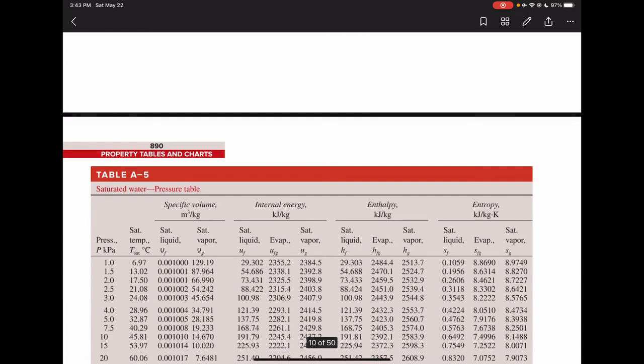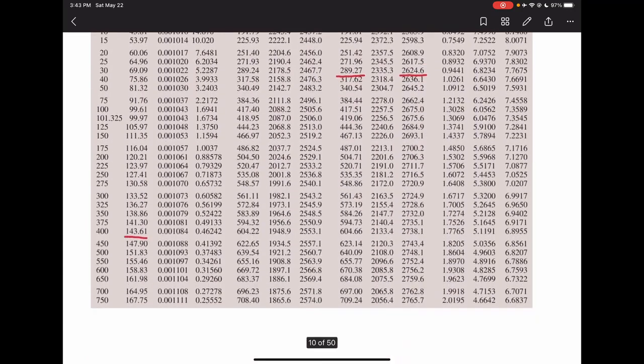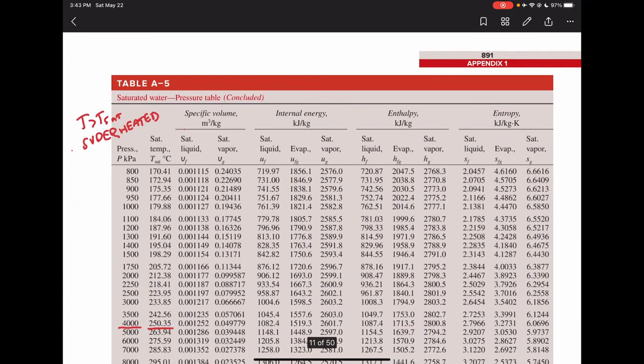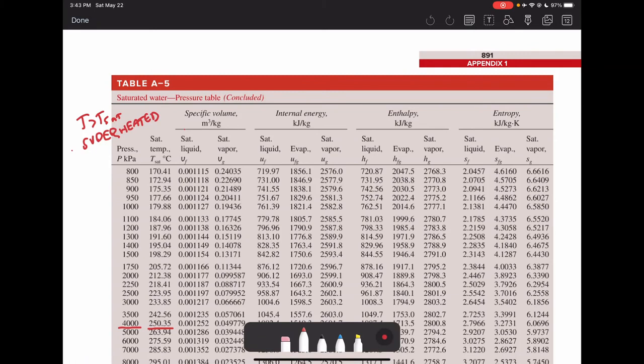So we have pressure and temperature, so we go to the pressure table, we go to 800, and at 800 we see that our saturation temperature is 170. So that means that T is greater than Tsat, so it's superheated.